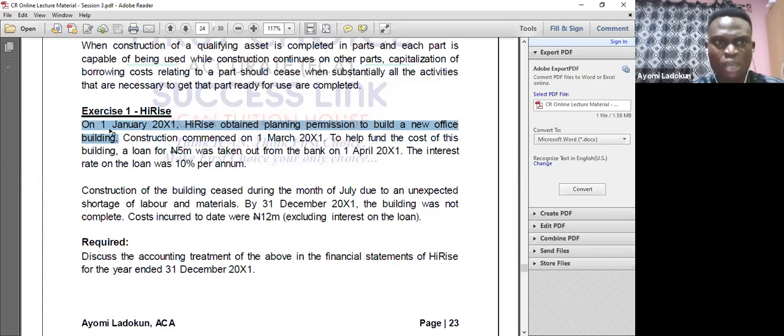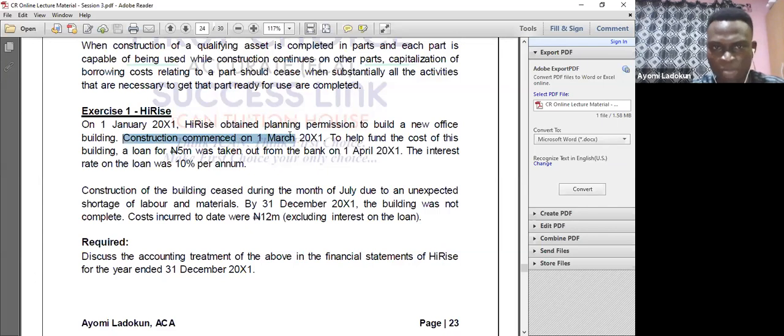When I see that statement, something is not really too clear. I'm not sure whether they are testing IAS 41, IFRS 5, IAS 36, or IAS 23. So I read further. When they say they obtained planning permission, it may also be one of the criteria under IFRS 5. So I don't know yet. So I continue to read.